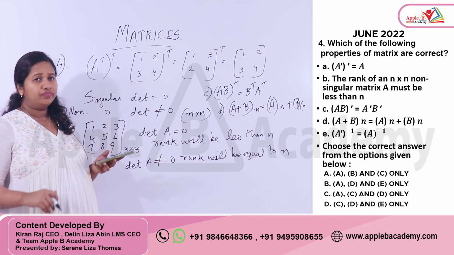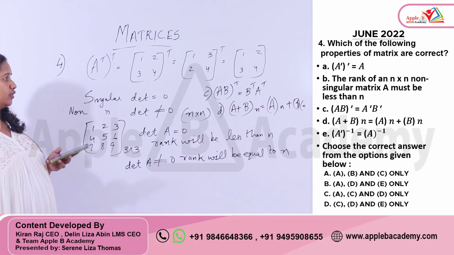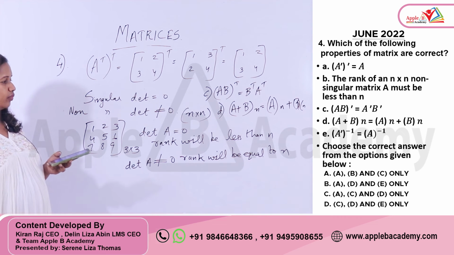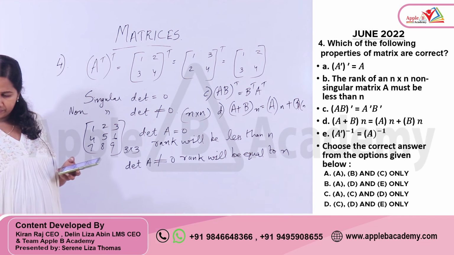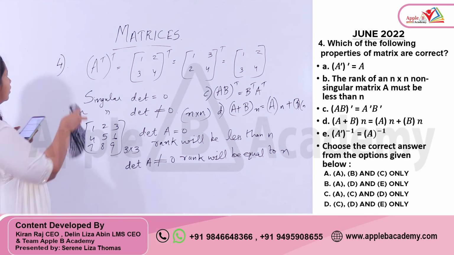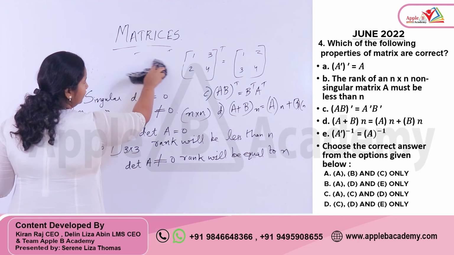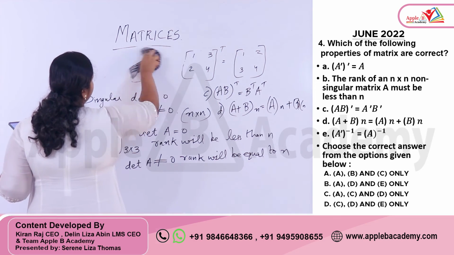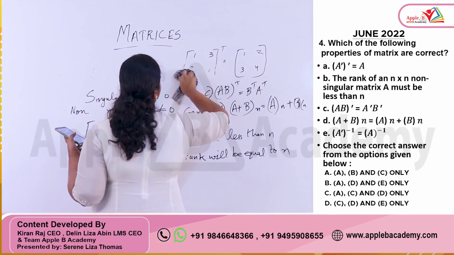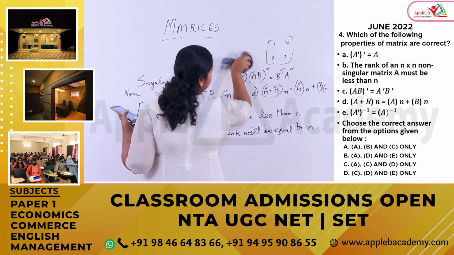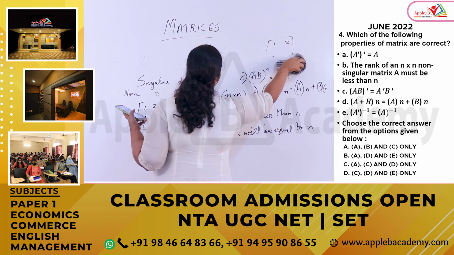We will see that. A and B are two matrices, and you are multiplying A and B with a number n.